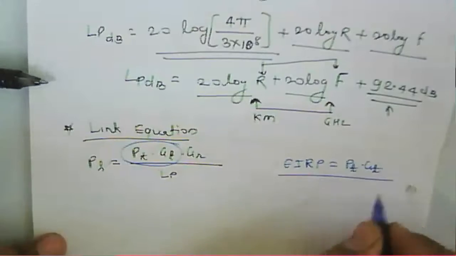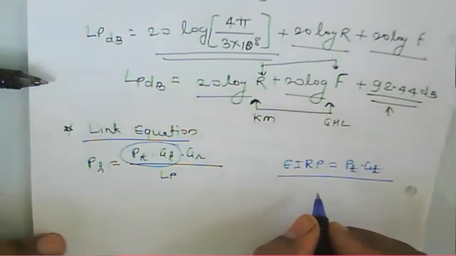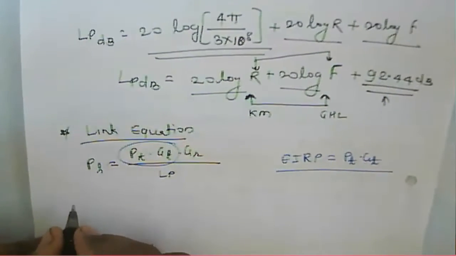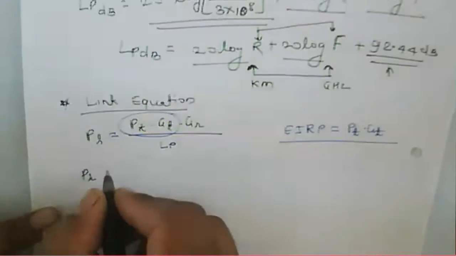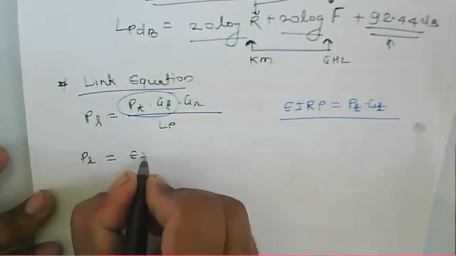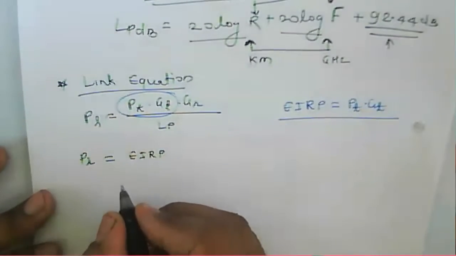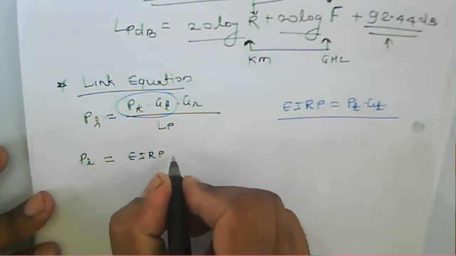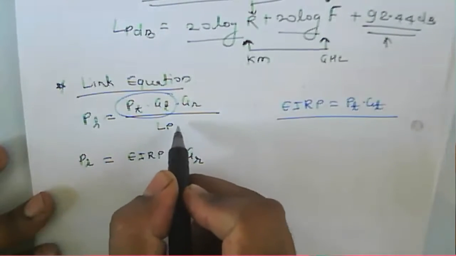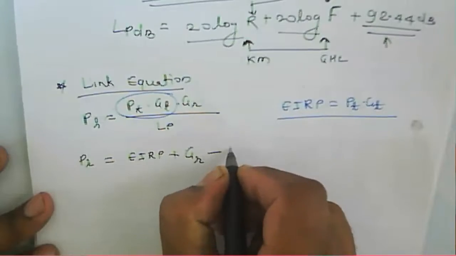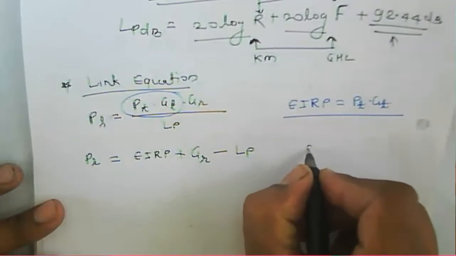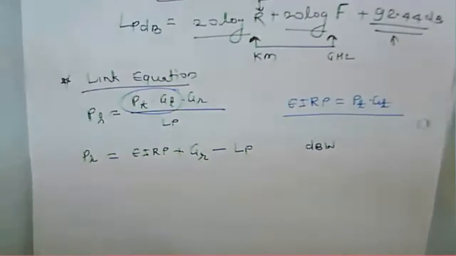Now if you express this in terms of decibels, you will get the received power in dB as EIRP, the effective isotropic radiated power, plus the term for the receiving antenna, that is GR, and since LP is in the denominator, it comes to the numerator with a minus sign, so that we get the equation in dBW.